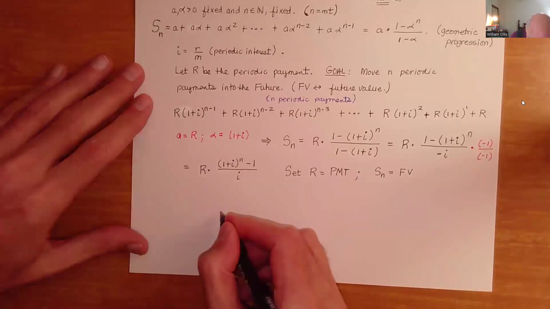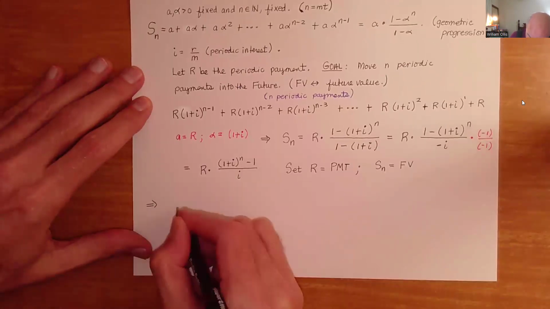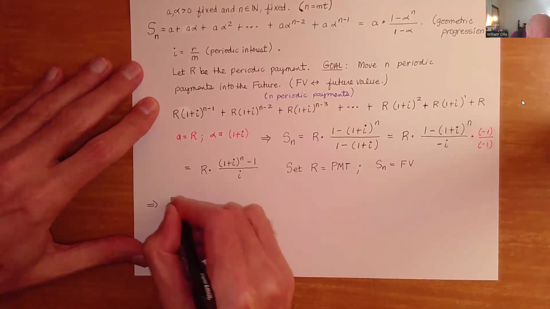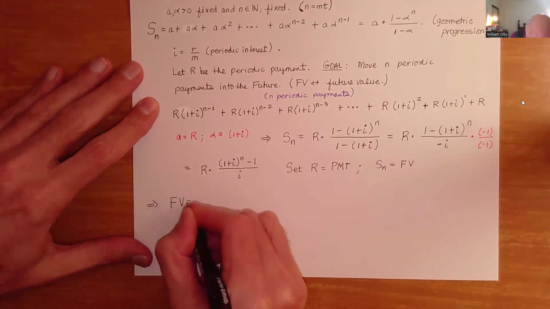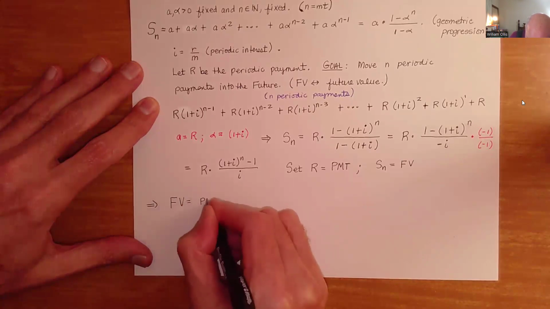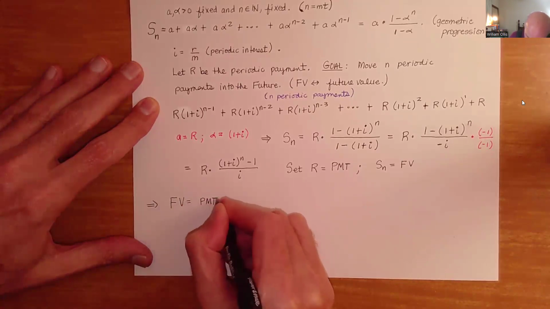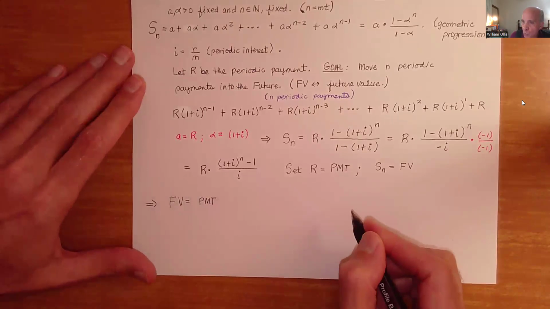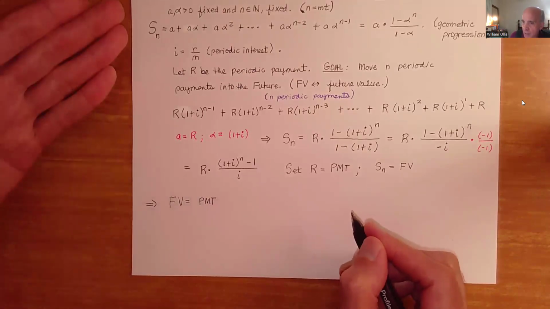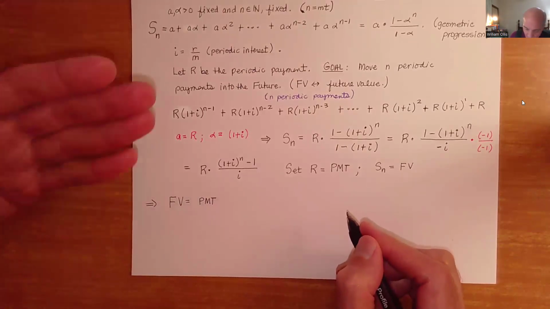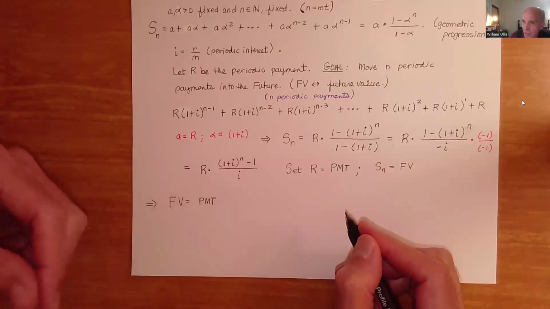So this implies that we have future value of the annuity will just be payment. Now, remember, this might be a little bit awkward. PMT just represents one number, not three numbers in product. That's maybe a little awkward to look at that way.